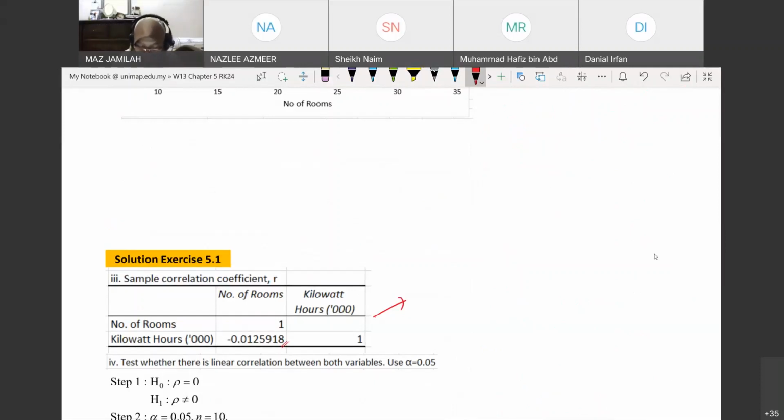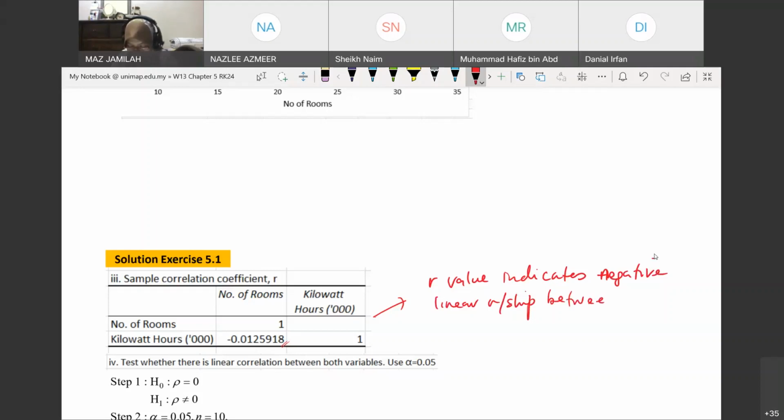Okay, so R value indicates negative linear relationship, indicating weak negative linear relationship between number of rooms and kilowatt hours.